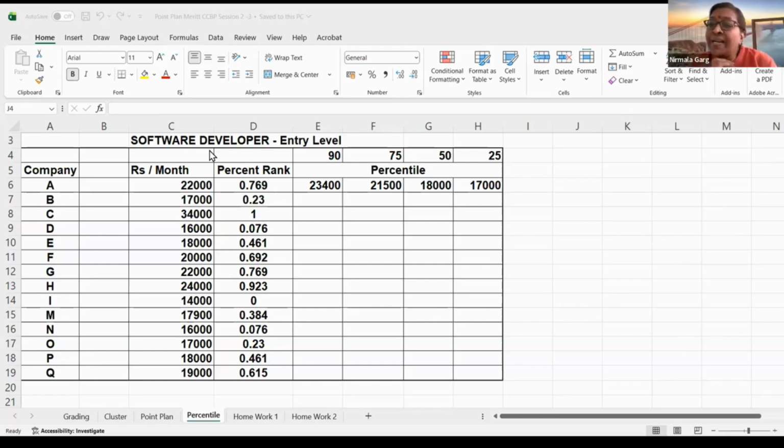If I say I'm at the 90th percentile, that means 10 people are higher and 90 people are lower than you.